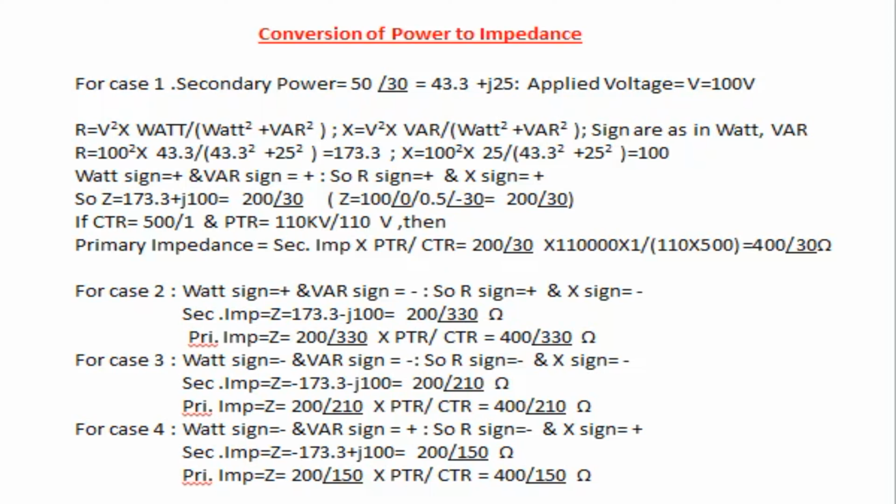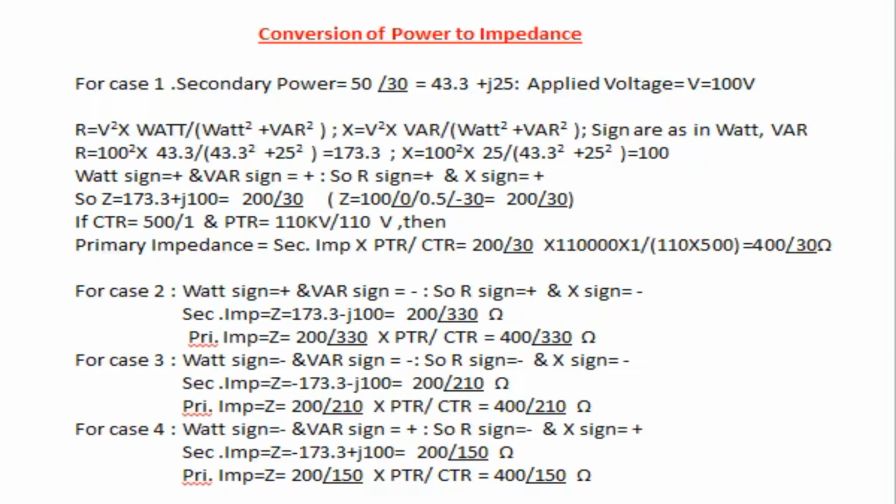For case 2, watt sign is plus and var sign is minus. So R sign is plus, X sign is minus. Secondary impedance Z is equal to 173.3 minus J100, that is equal to 200 angle 330 ohms. Primary impedance is equal to 200 angle 330 into PTR by CTR, equal to 400 angle 330 ohms.